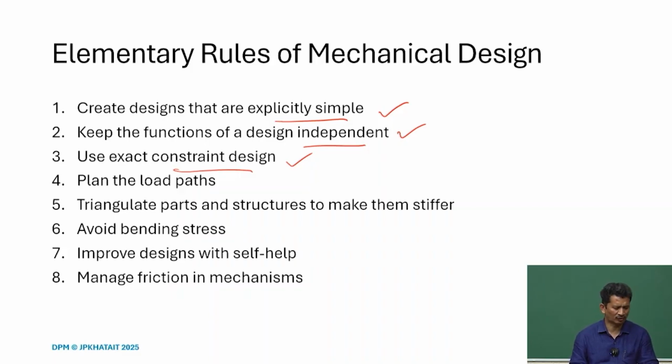We'll talk about what exact constraint design is and what it means. Then, plan the load paths. There will be loads coming, dynamic loads, or loads because of the tooling or any operation we are performing. So we should know exactly how to plan for them.